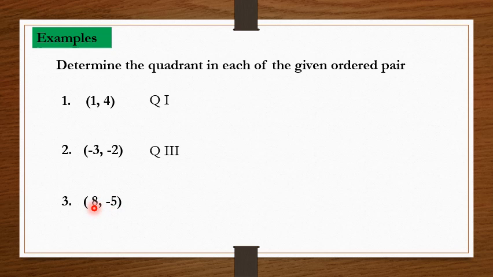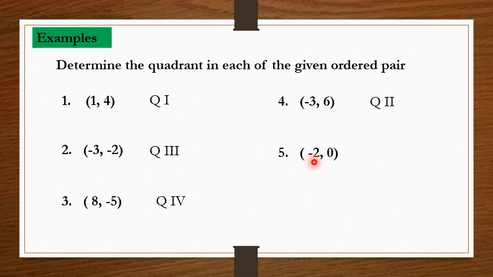Positive 8 for x, negative 5 for y. Therefore, that is quadrant 4. Number 4. Negative 3 for x and positive 6 for y. Therefore, that's quadrant 2.